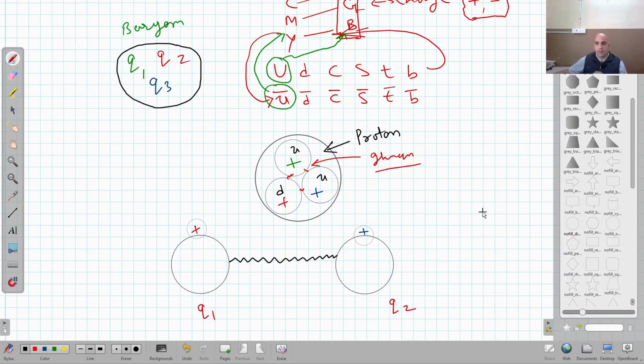So let's make a gluon here. Let this be the gluon. Now you can see here that the gluon is interchanged.